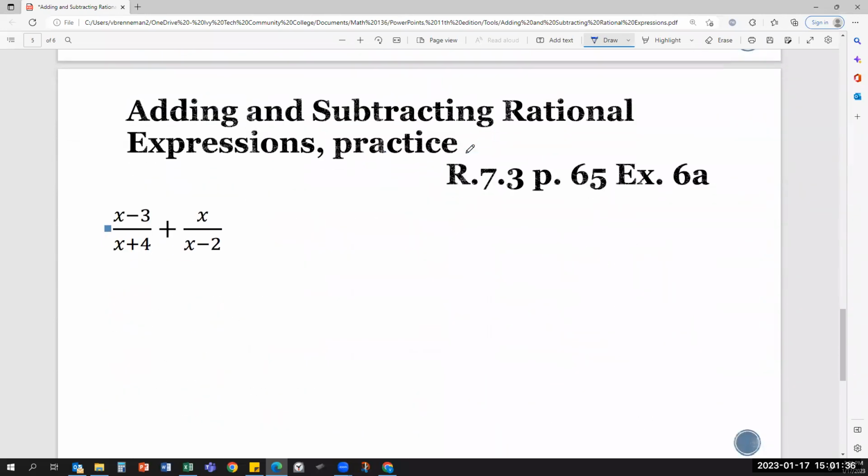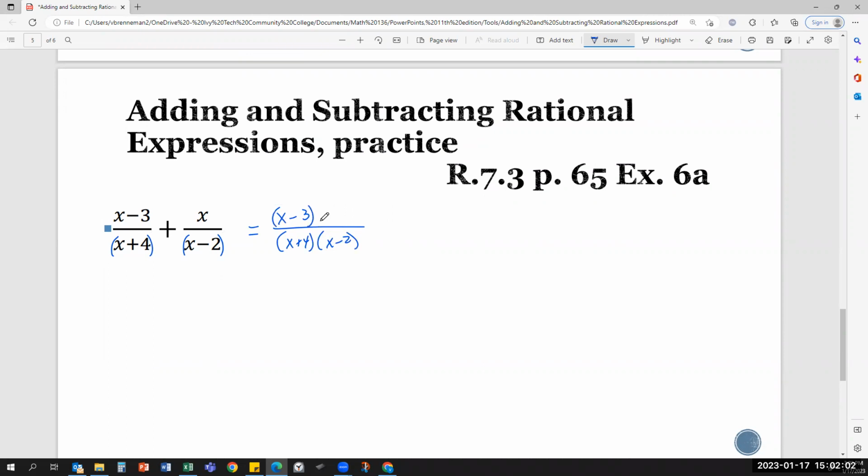All right, then we get a little bit more complicated here with non-matching denominators. Keep in mind, again, that if there's no multiplication happening, the whole denominator is a factor. So we need to have both of those: x plus 4 and x minus 2 on the bottom of both.